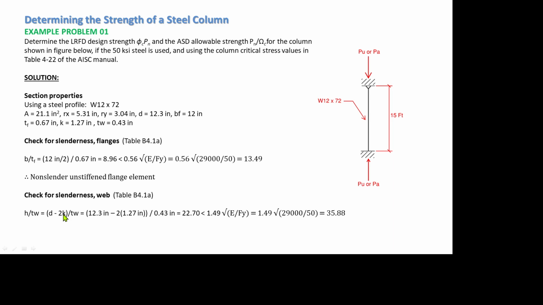We have the equation (d minus 2k) over tw, equal to 12.3 minus 2 times 1.27, that is the k value, all over 0.43, which is the web thickness. This gives us 22.7, which is less than 1.49 square root of 29,000 over 50, equal to 35.88.